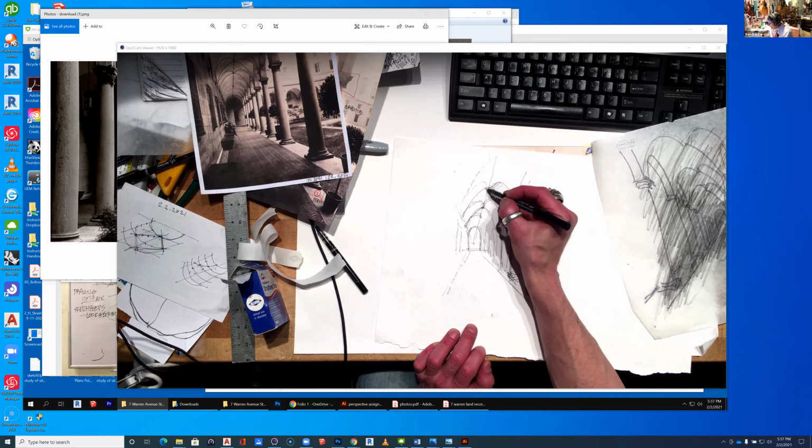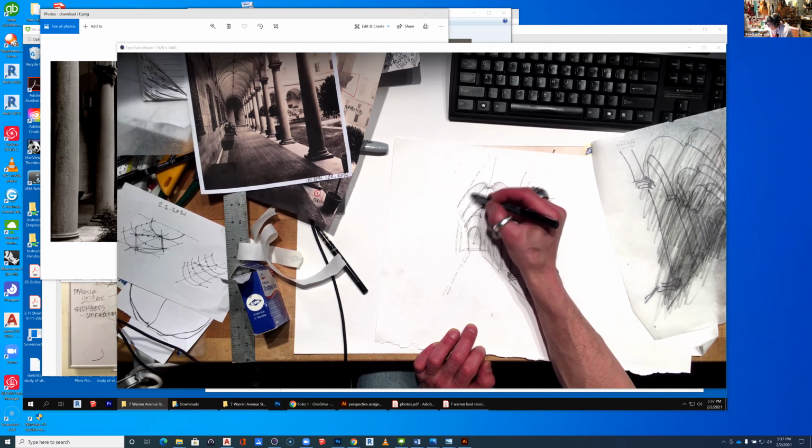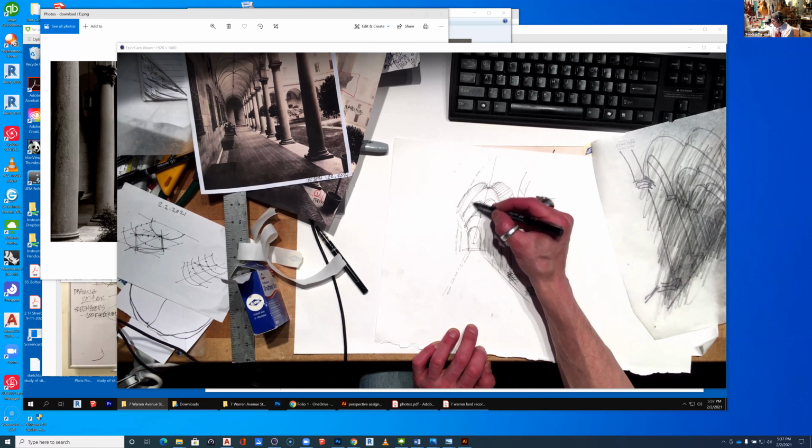That persuades me that I'm looking at an enclosed space.